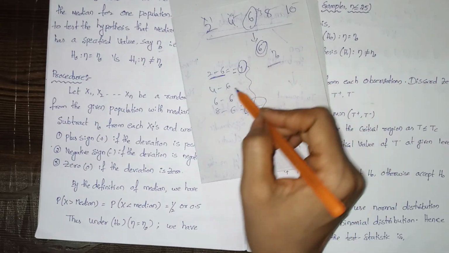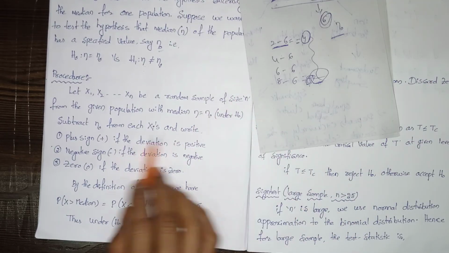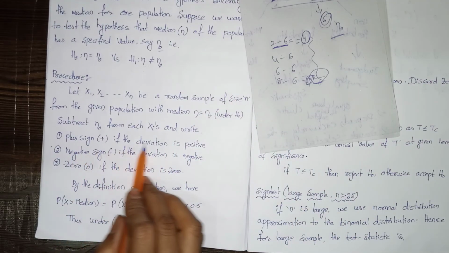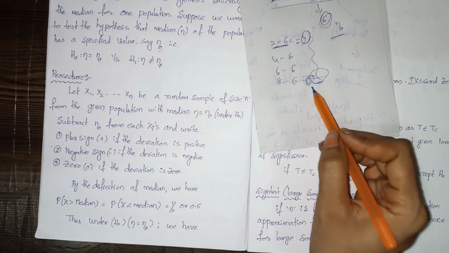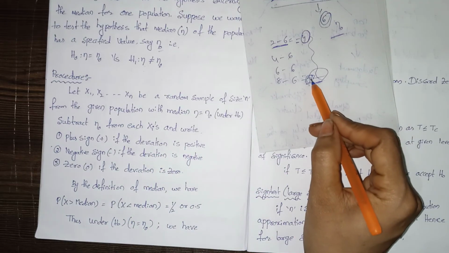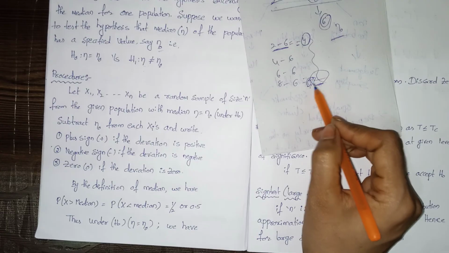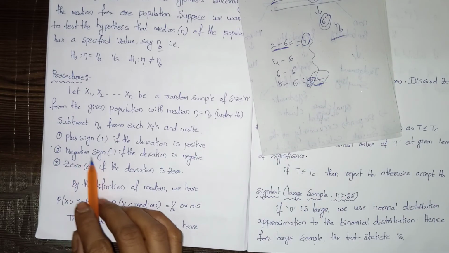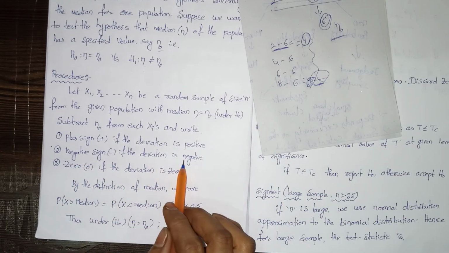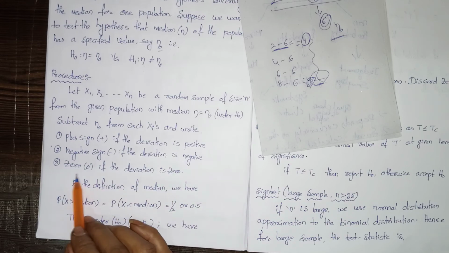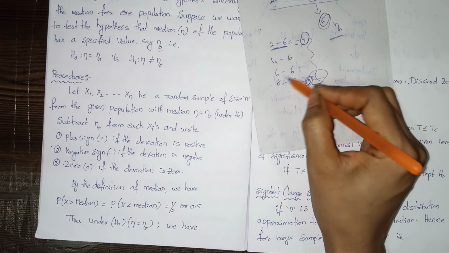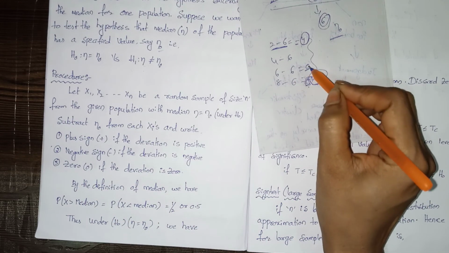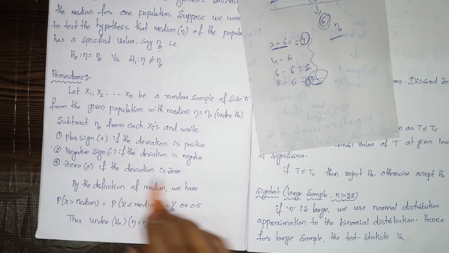We write a plus sign if the deviation is positive. Here we got plus 2, so we write plus only, no need of writing 2. Negative sign for minus if the deviation is negative. Here 6 minus 6 is 0, so if we get 0, we write 0.